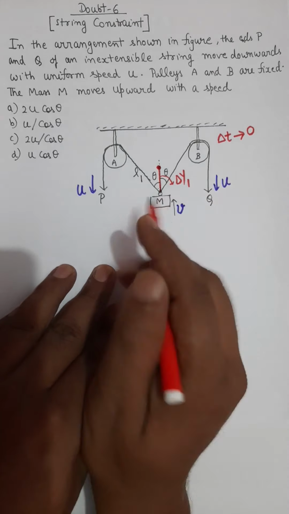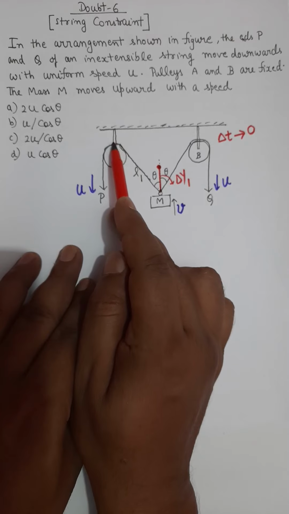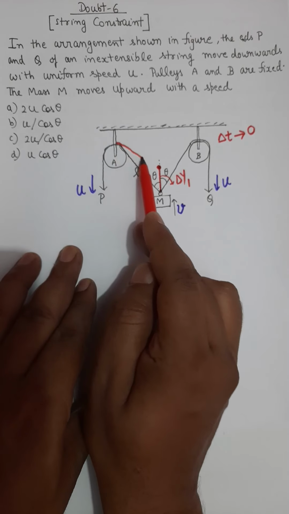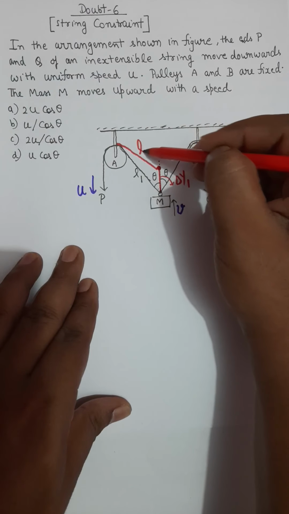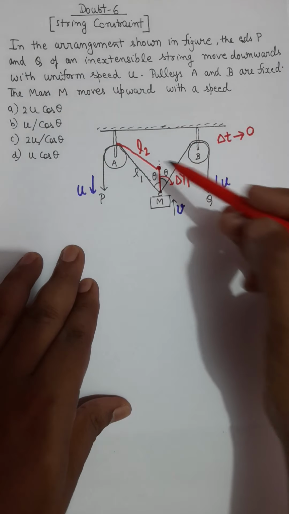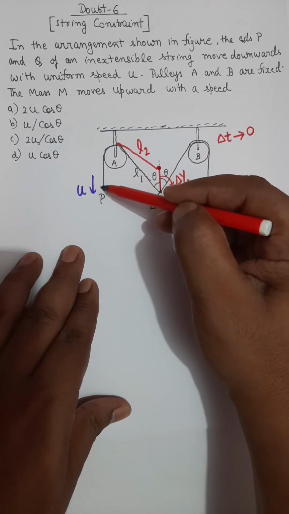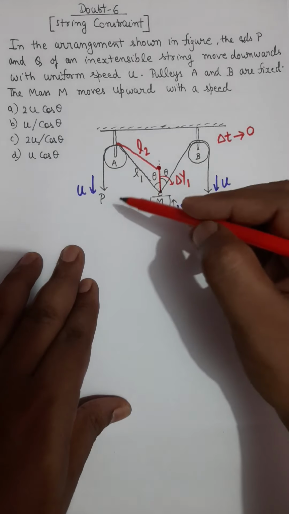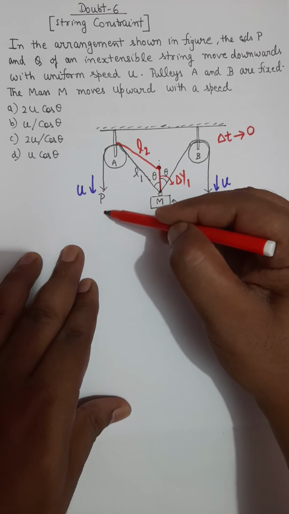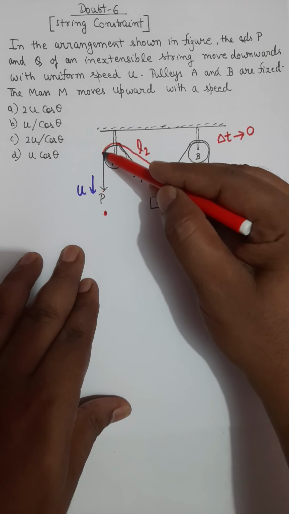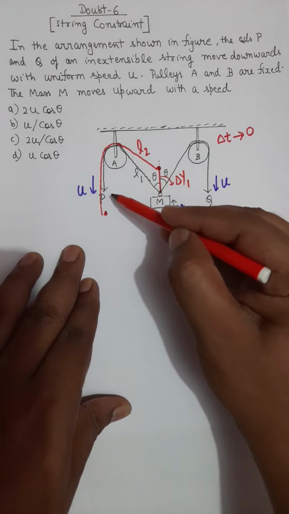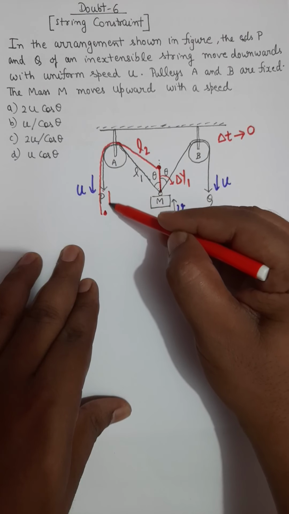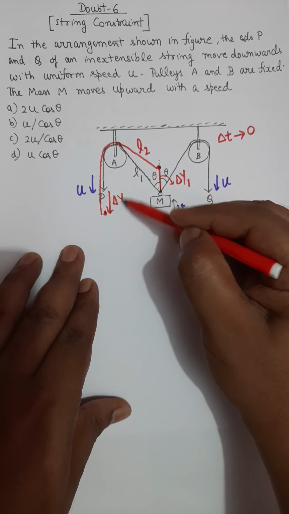Now the string from pulley to that mass will be like this, and let's say this portion of string has a length L2. And now the point P will move downward, and the string on the other side of pulley will be like this. I assume that point P is moving downward by the distance delta y2.